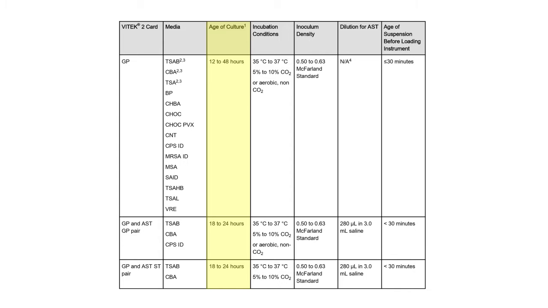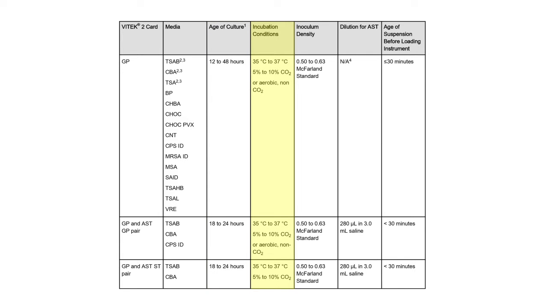For many AST test cards, the organism must be incubated for 18 to 24 hours before testing. Isolates that are too young may give false resistant results, while isolates that are too old may test falsely susceptible. Refer to the Culture Requirements table in the Vitek 2 Product Information Manual for specific guidelines.